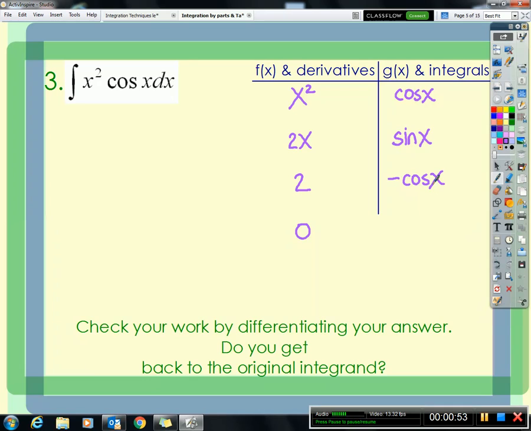Because the derivative of cosine x equals negative sine, the derivative of negative cosine x equals positive sine. Now, the antiderivative of negative cosine x is negative sine x. Remember, the derivative of sine x is cosine x, so the derivative of negative sine x equals negative cosine x.